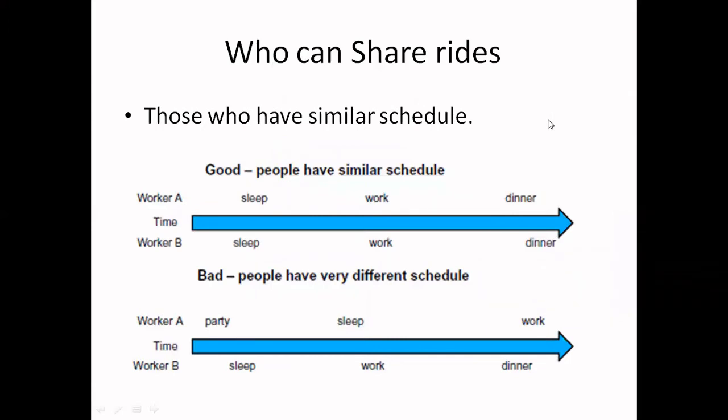Definitely those who have similar schedules can share the ride. Those who don't have similar schedules cannot share the ride. For example, there are two workers, worker A and worker B. If they have similar schedules, it means they sleep at a similar time, they work at a similar time, and they have their dinner at a similar time.